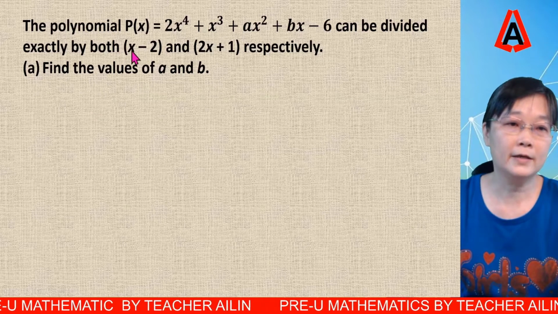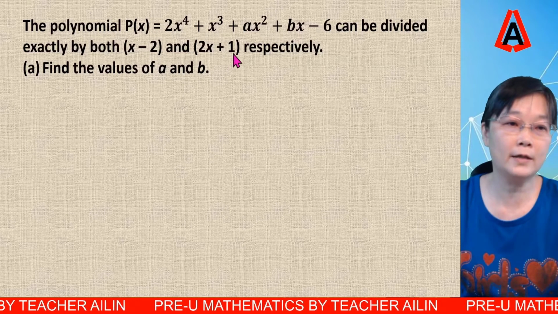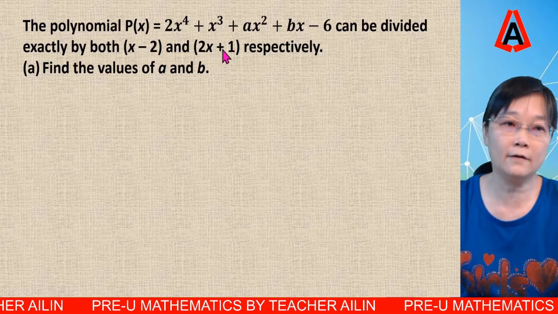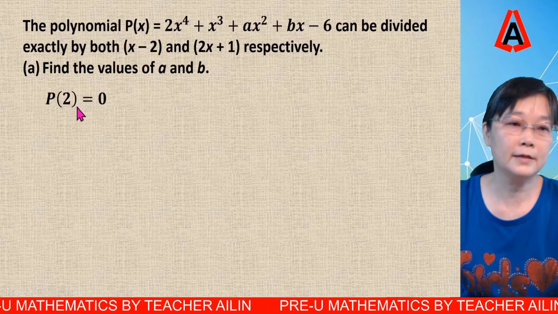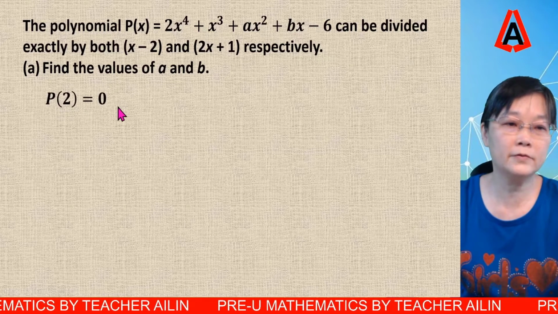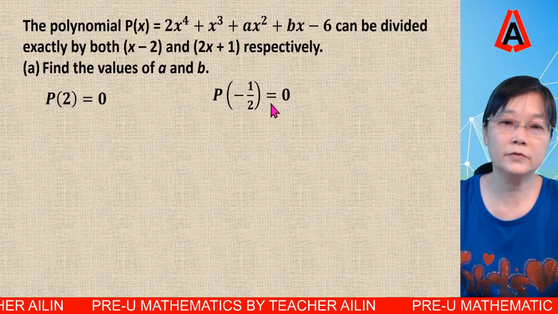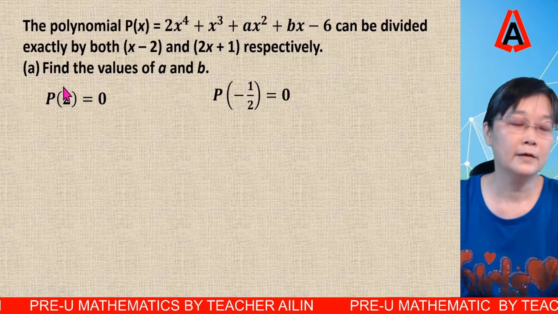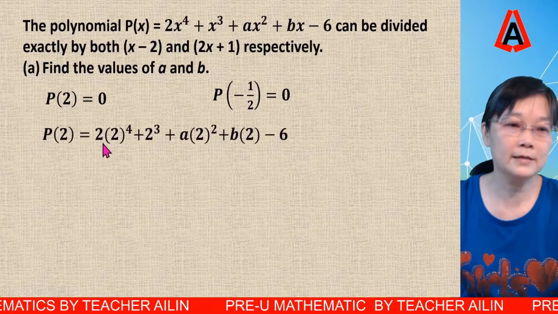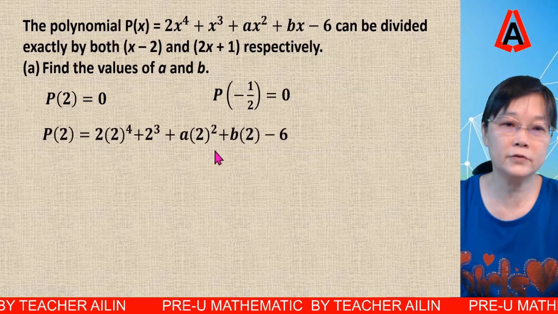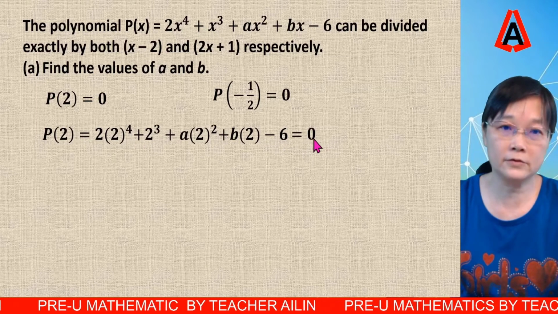Now since we are given that x minus 2 and 2x plus 1 are the factors of this polynomial, we can write it as p(2) equals 0 and p(negative 1 over 2) equals 0. For the first one, when we substitute x with 2 into the polynomial, then we should get a 0 here.